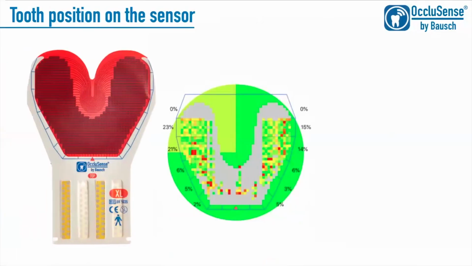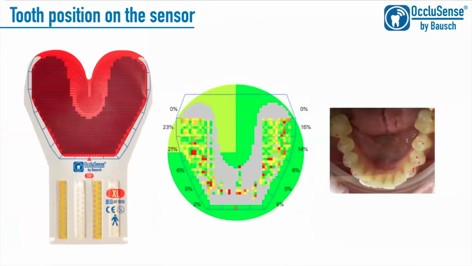To clinically interpret the data, you need to take the sensor and look at the bottom. There you can see a red triangle. Sometimes it's a red line, mostly it will be a red triangle. This is the midline in your patient's mouth.